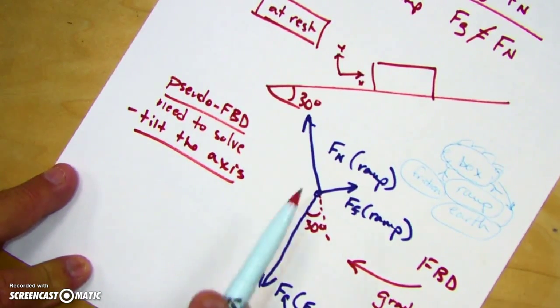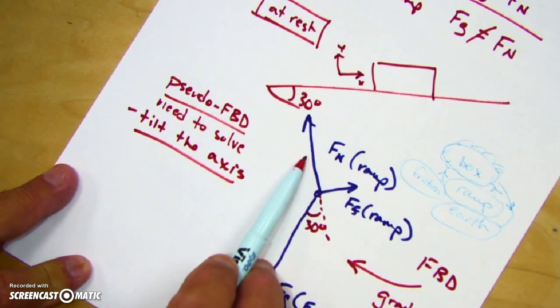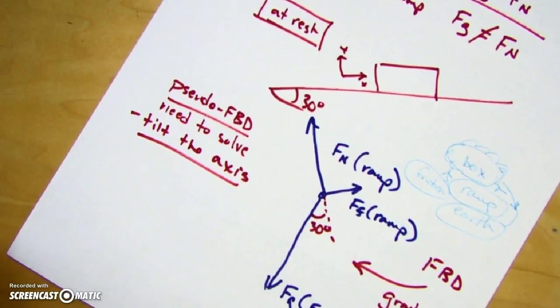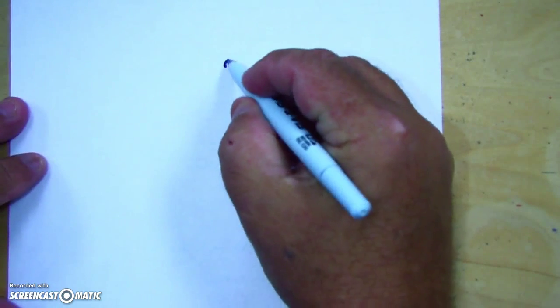The reason for that is now this force points in our new y direction, and this force points in our new x direction. This one has to be broken down into the part in the x and the part in the y. So let me go to a new sheet of paper and redraw that bigger so we can see what's going on here. I'm going to come back to my original free body diagram.